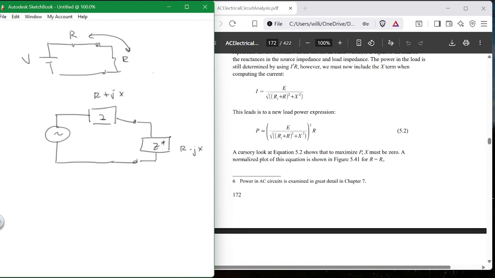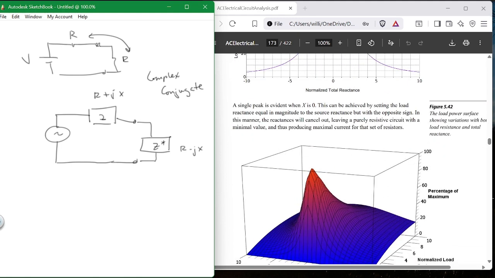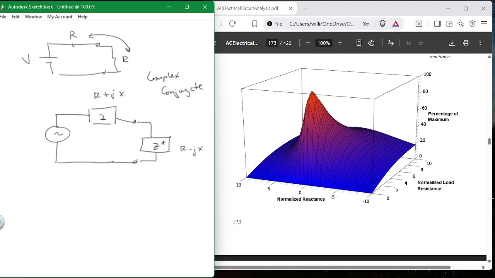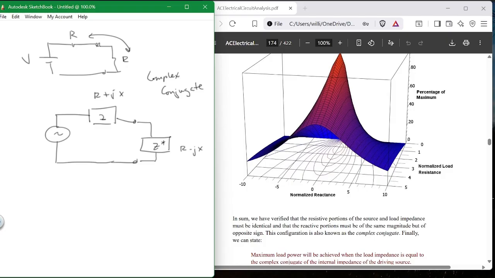The real name is complex conjugate. But it's also called the complement. All right, now, this is the graph of what you get when you get the complex conjugate. You get a peak in power. And that's shown here as well.